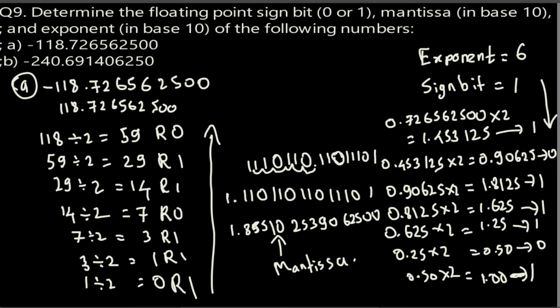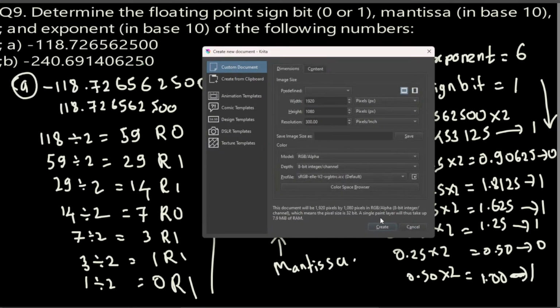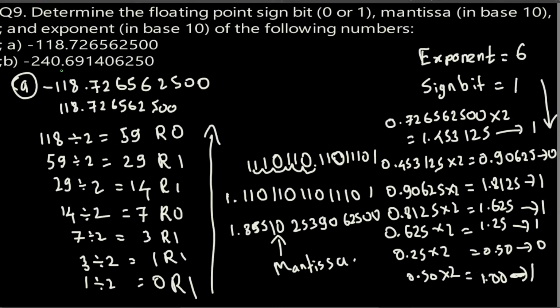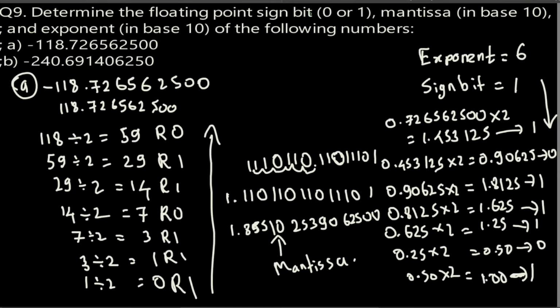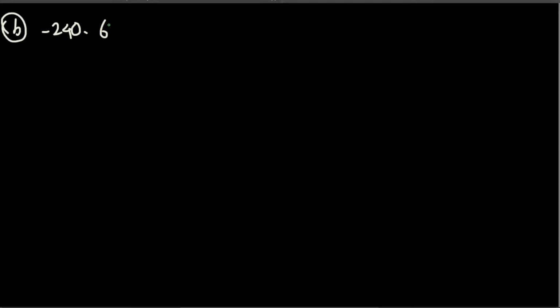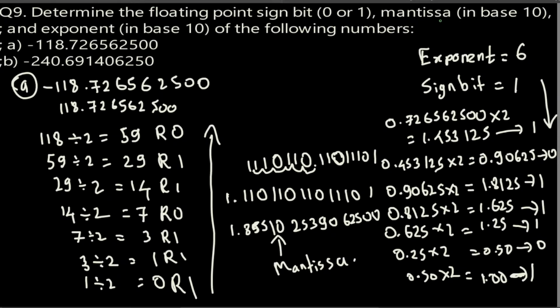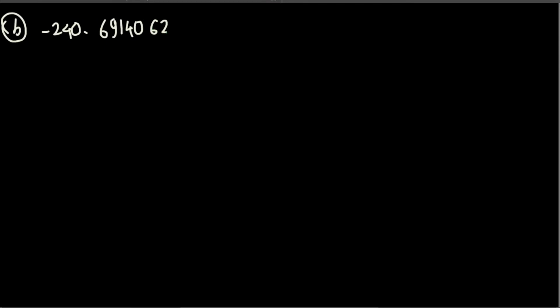Now let's look at the B part. In the B part, we have negative 240.6914062500.